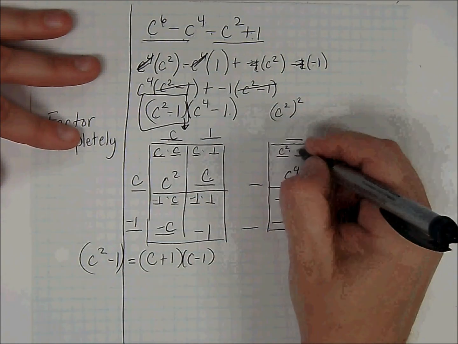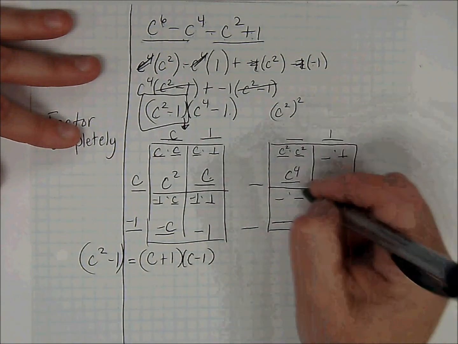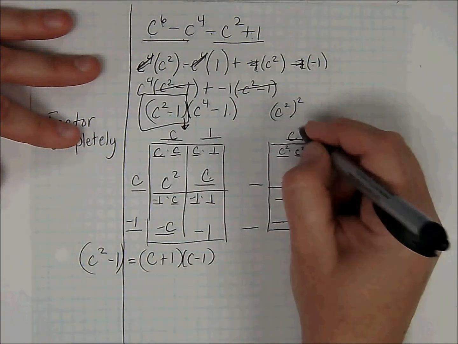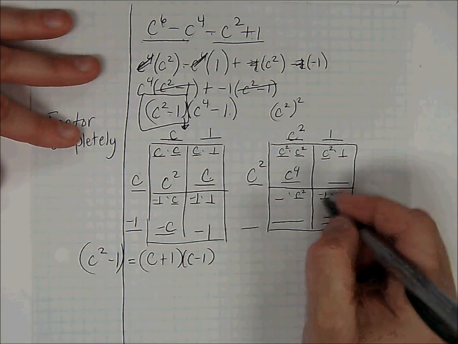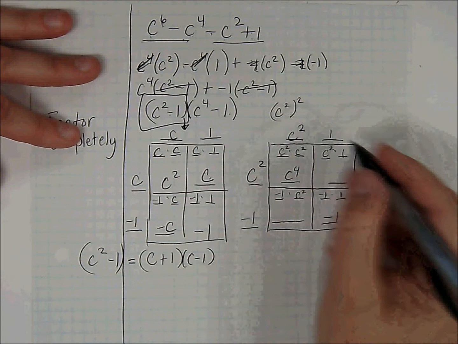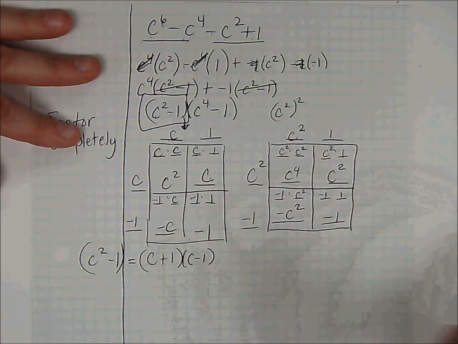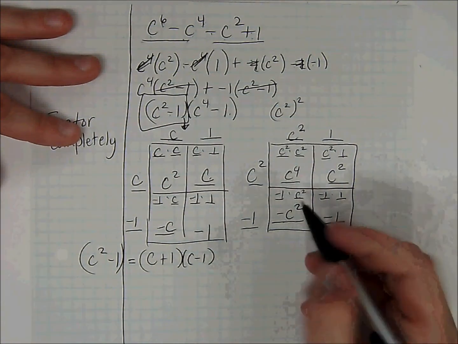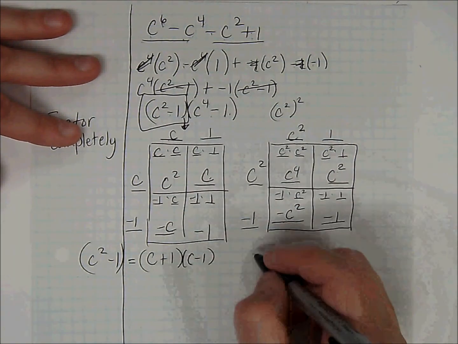I'm going to try c squared. I usually try the squares. They usually work. 1. This is c squared, and negative 1. So in this box we get c squared. Here we get negative c squared. 1's positive, 1's negative. We subtract. So we get that 0 in the middle, and everything works out.